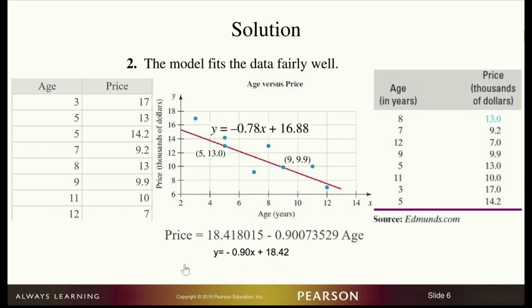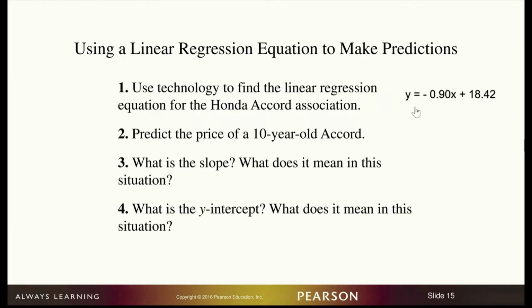So let's go ahead and take this and move it to the other page. Here we have what is requested in step 1, which is to use technology to find the linear regression equation from what we obtained in StatCrunch. We're going to predict the value of a 10-year-old Accord using this model, okay?